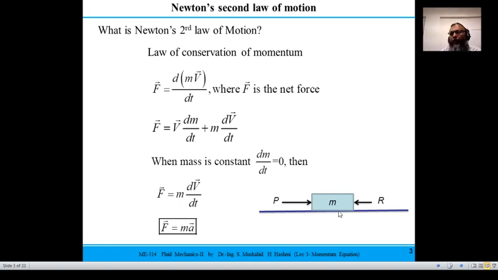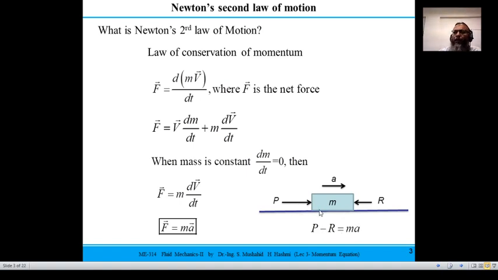If we are interested in accelerating this mass with an acceleration a, then according to Newton's second law of motion, mass times acceleration would be equal to the net force. The net force would be the applied force minus the resistive forces. So the net force is actually responsible for accelerating this object. It is not the applied force.